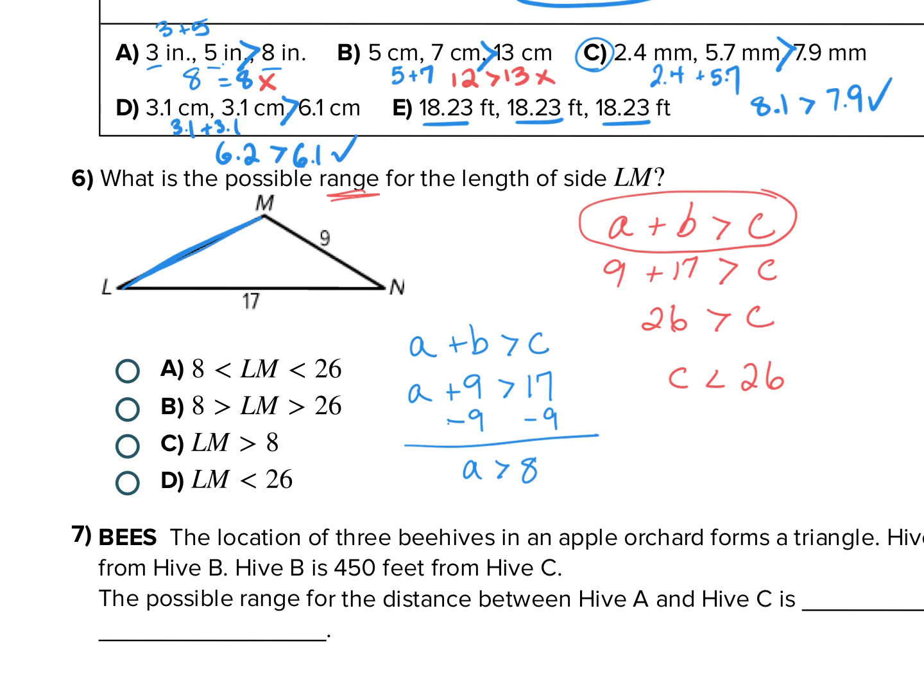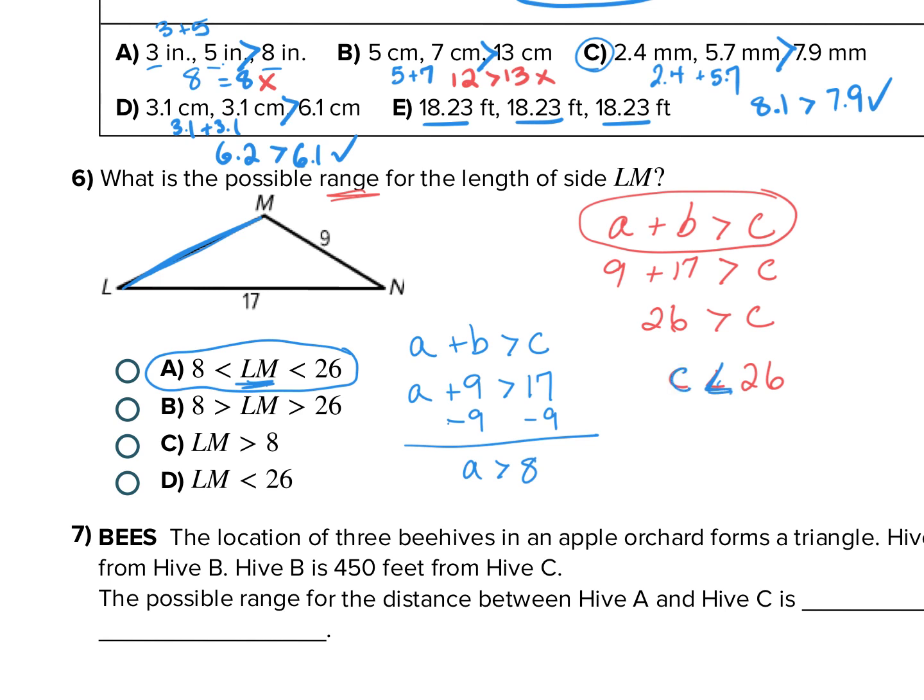So it's in between. Our range is going to be between 8 and 26. Now, the correct way we write this would be algebraically like this. So LM, the side we're looking for, has to be, as we said, less than 26.